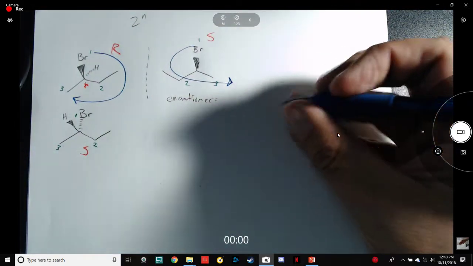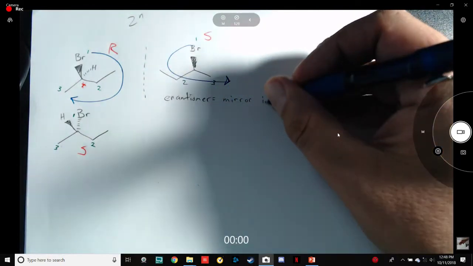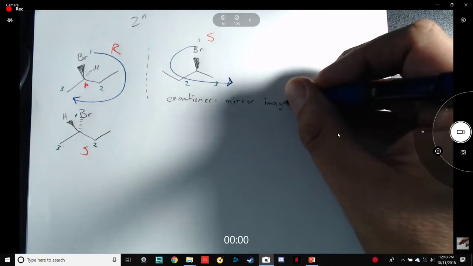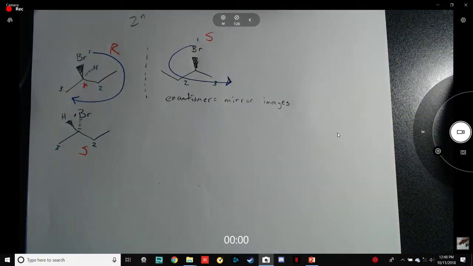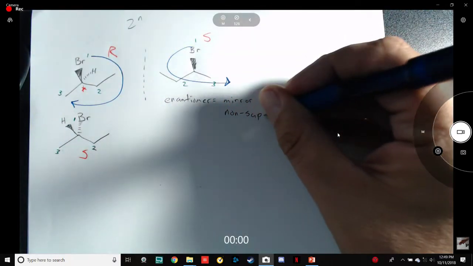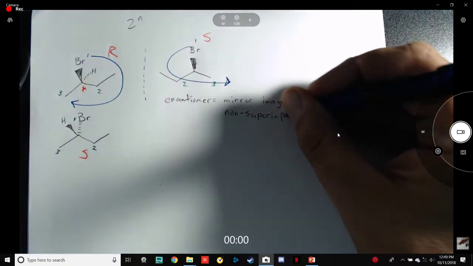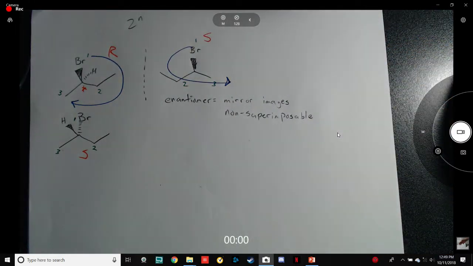And these are your mirror images. And are they superimposable or non-superimposable? Yep, they're non-superimposable. And it's imposable, not impossible.